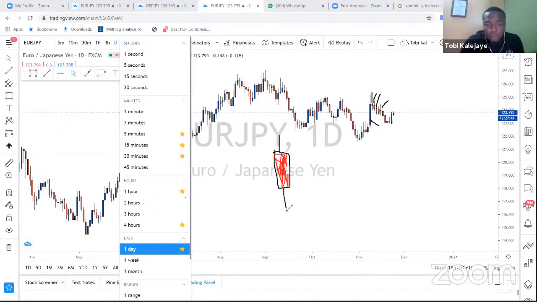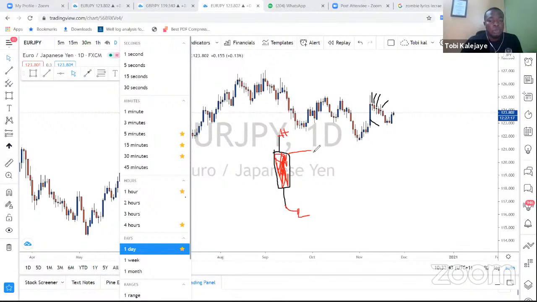This is the lowest point price got to. This is the highest point, the peak for price.